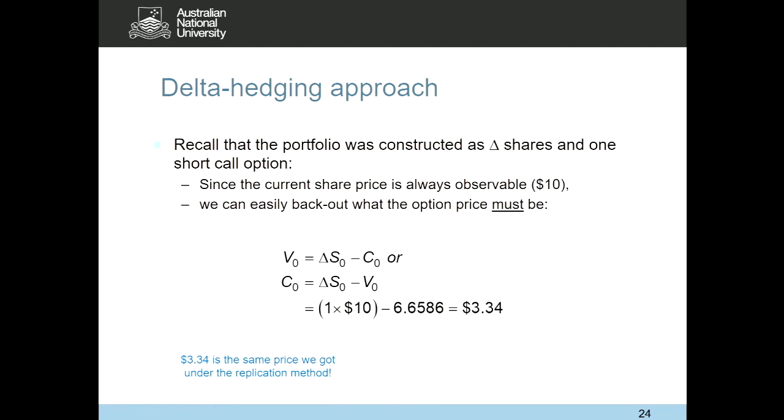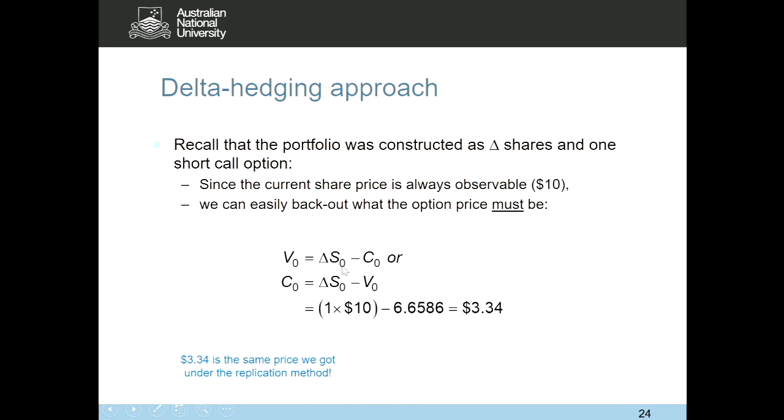All right, so we know how we construct this portfolio. We bought delta units of share, and we short a call option. So what do we know about the portfolio? The portfolio has a present value of $6.65, and the current share price is $10, right? We have these two pieces of information. Then what we can do is simply rearrange this equation to back out the price of this call option, right?